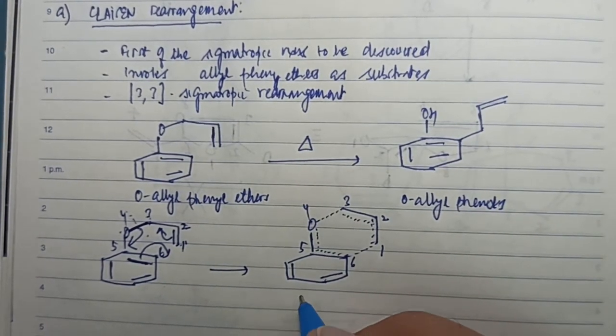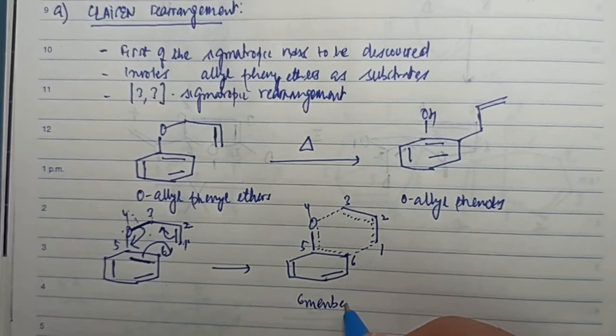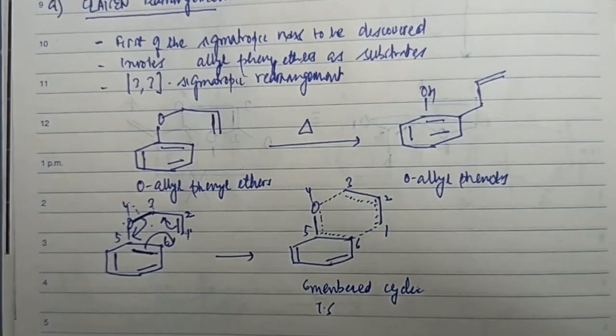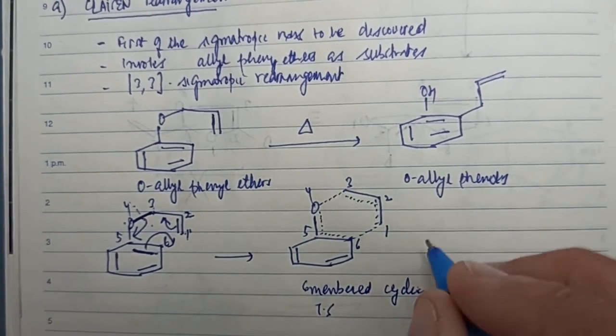So I have a 6-membered cyclic transition state which is being followed while driving the reaction in the forward direction.